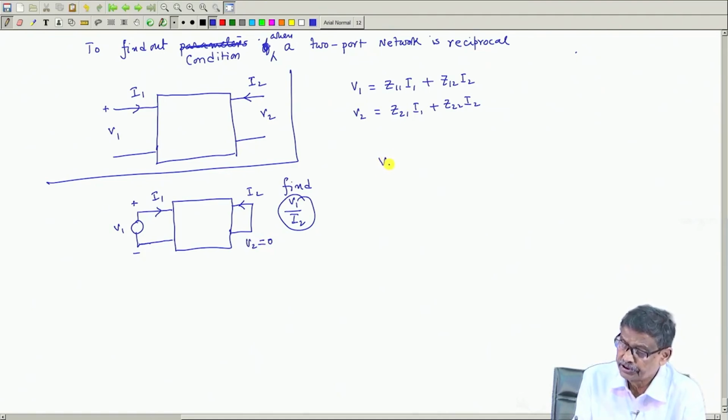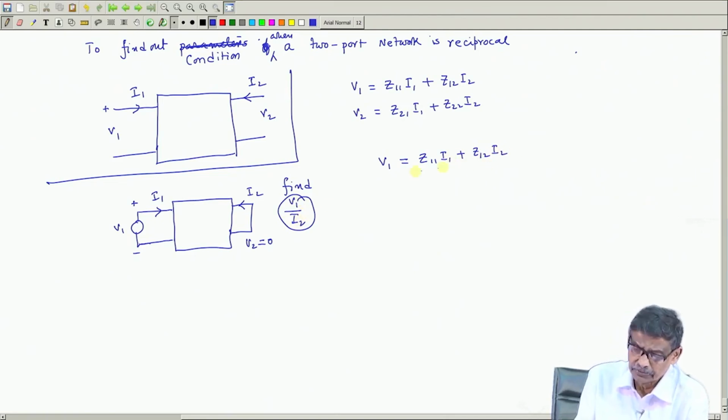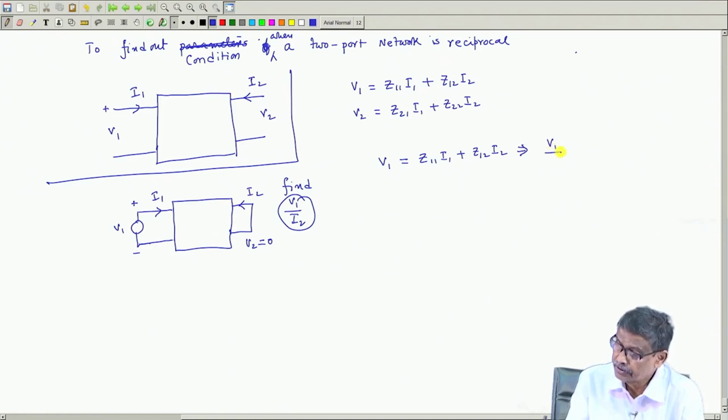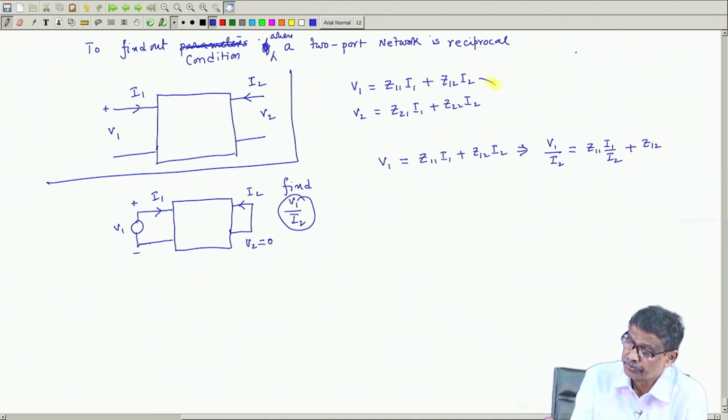So, from the first equation you see V1 is equal to Z11 I1 plus Z12 I2. Divide both sides by I2, so V1 by I2 is equal to Z11 times I1 by I2 plus Z12. This is what the first equation will give you.